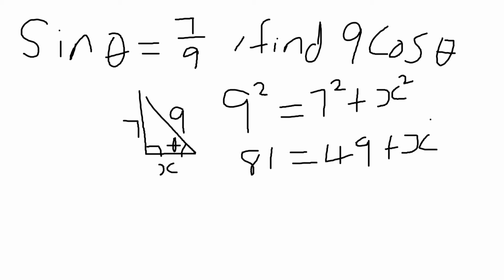So at this point, we just have to subtract. We subtract 49 from both sides, and if we take the subtraction, taking away 49 from 81, what are we left with?